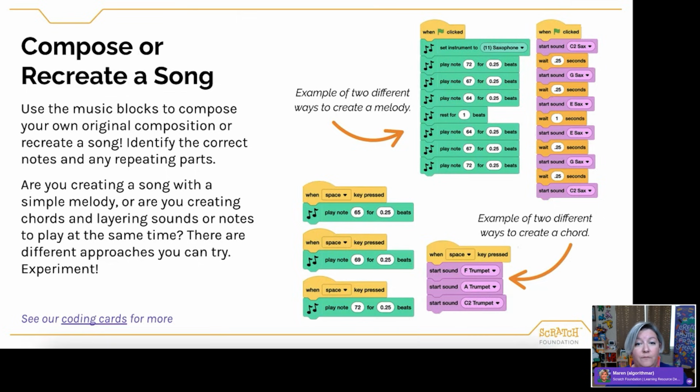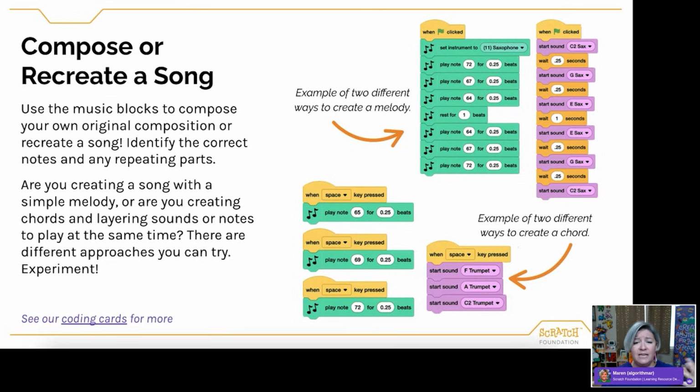Now, we have been talking about leveling up. So you could create a simple melody using those sound blocks where you start the sound and layer them all together in order to create a chord. Or you could have notes play at the same time using these sound blocks, so that when I press, say, a keyboard key, I can play these notes at the same time.